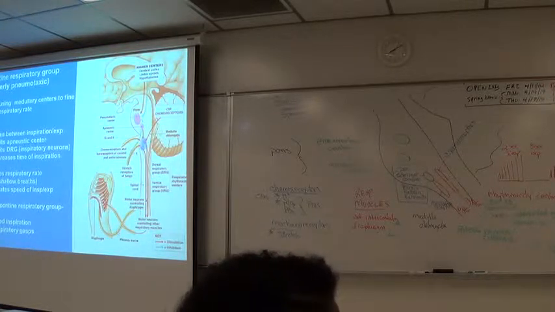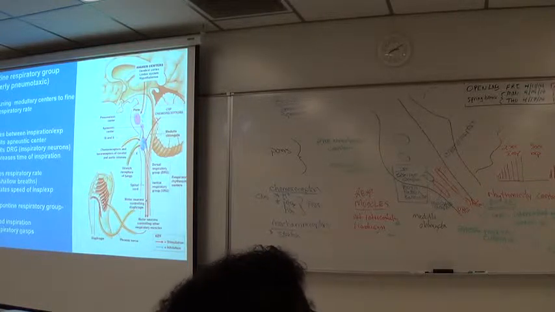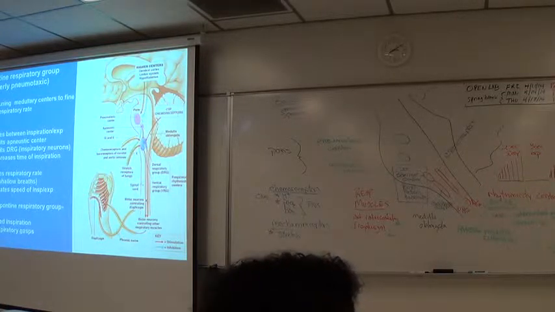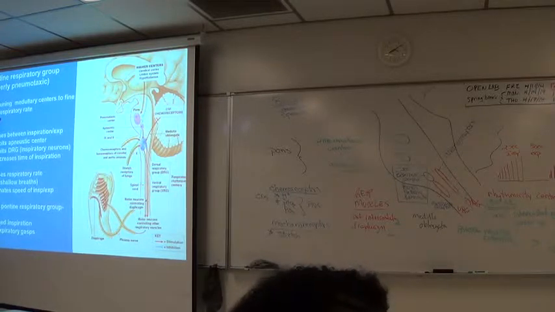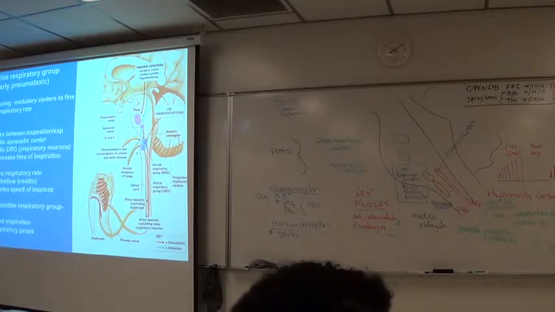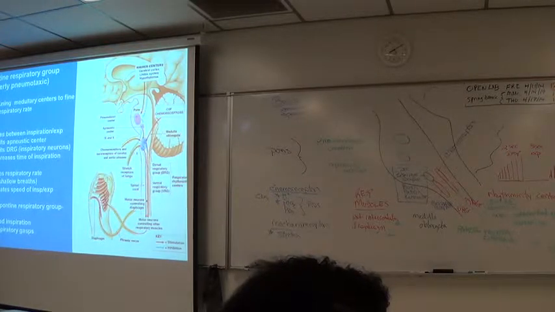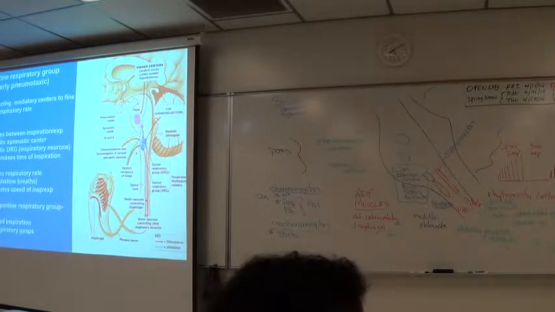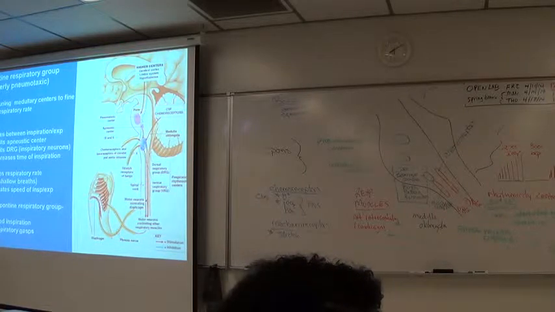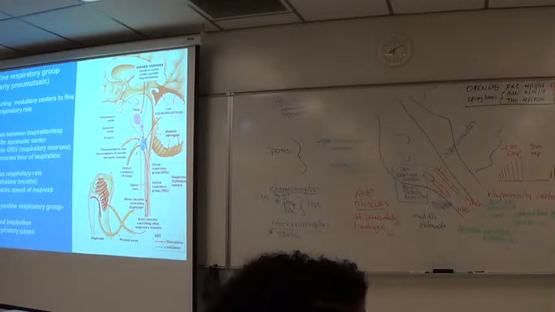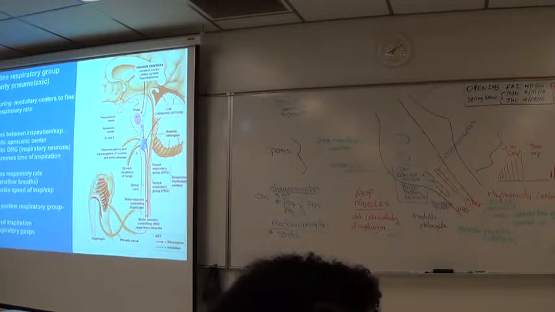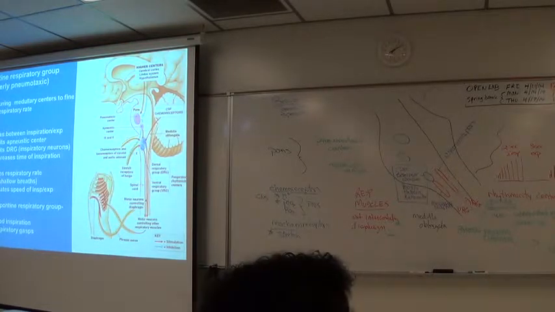When we look at the pontine respiratory group, now we're looking at fine-tuning. Okay, both the pneumotaxic and the apneustic fine-tune the respiratory rate. So here's the key thing on this slide as far as what the pneumotaxic group does.